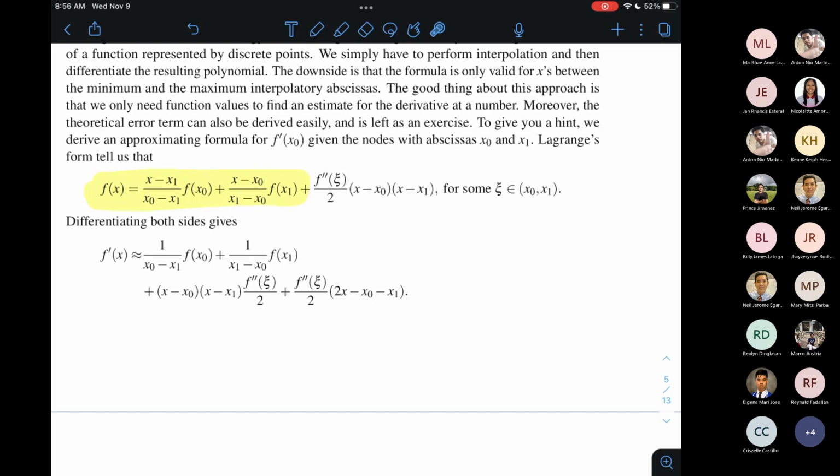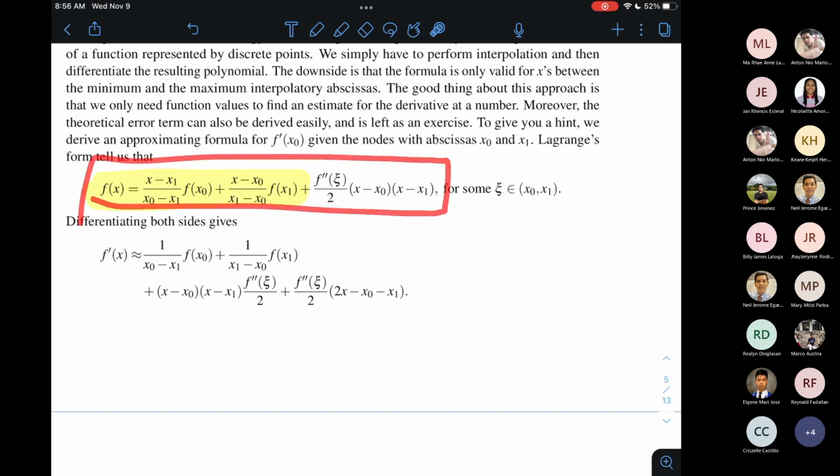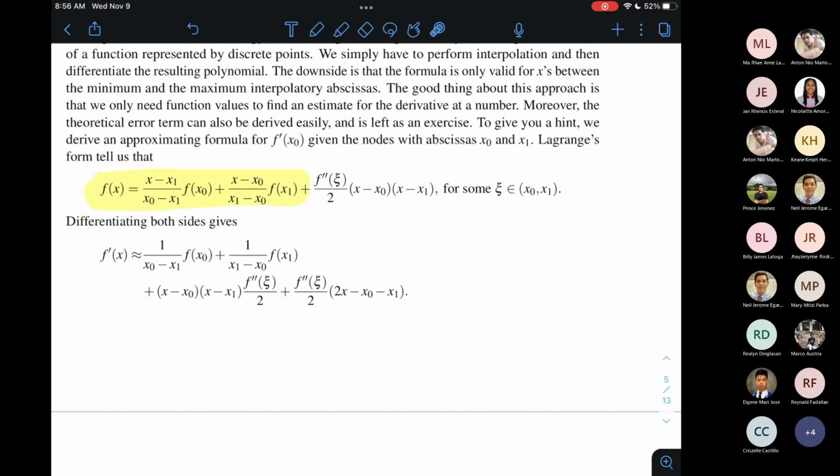So ang gagawin ko, i-differentiate ko lang ito. Okay? Pag differentiate niyo yan with respect to x, you will get this guy. Alright? So ito, linear lang naman to, linear function. Ang derivative niya ay just the coefficient or the slope. So 1 over the constant times the constant plus ganun din yung nangyari rito. Tapos ito, i-differentiate mo. Ang f double prime of psi is a constant, right?